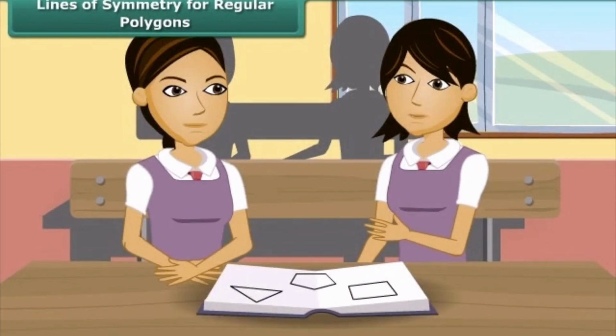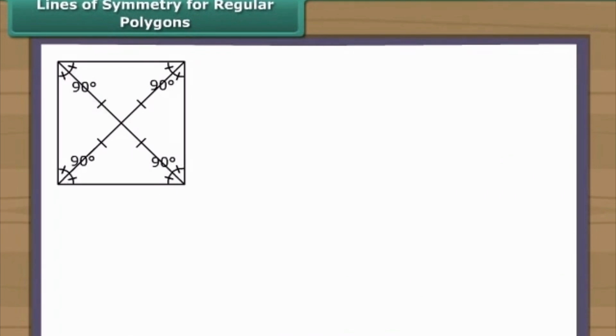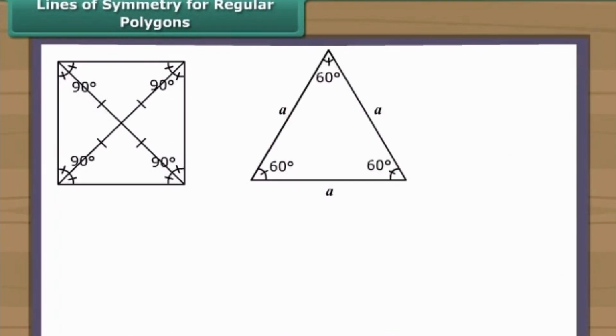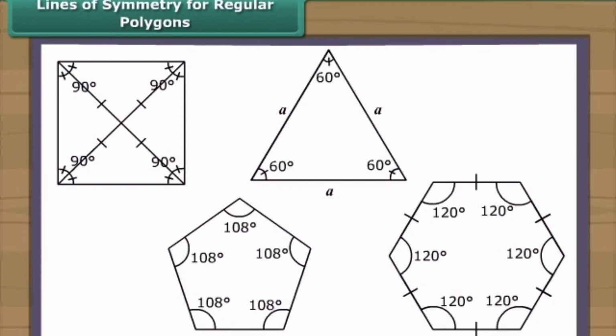And a regular polygon is one whose line segments are all equal and the measures of all the angles are equal. Therefore, a square, an equilateral triangle, a regular pentagon, and a regular hexagon are examples of regular polygons.